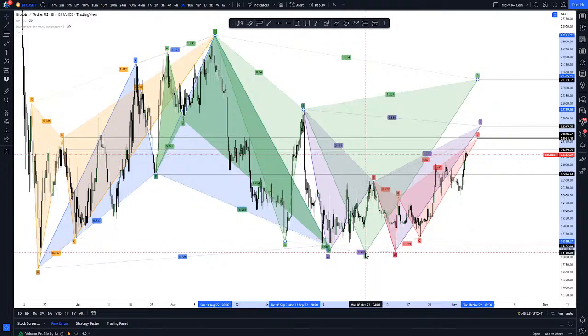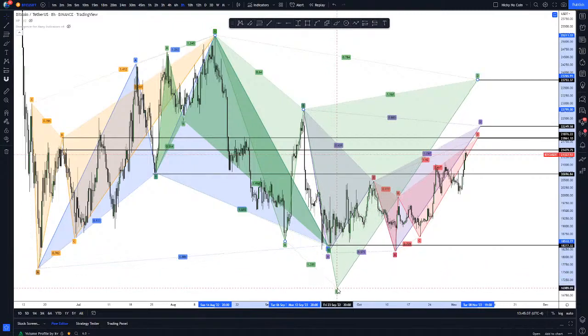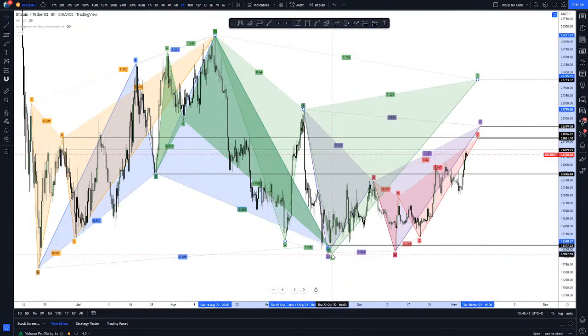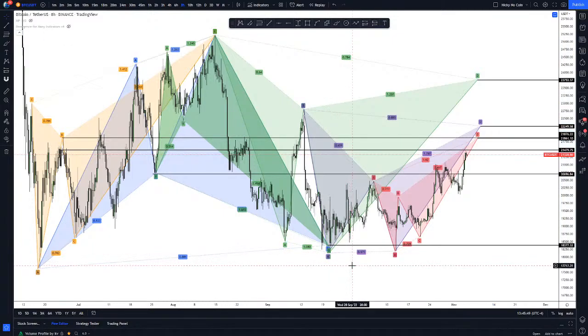A cipher is when it goes down past a 1.13 area, so like right about here, which is close enough, all the way down to 1414. So it could look like this. It could have extended all the way down here and still been good for a push up to here, but the D point is the resistance, or the potential reversal zone.